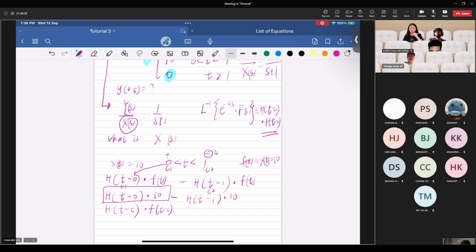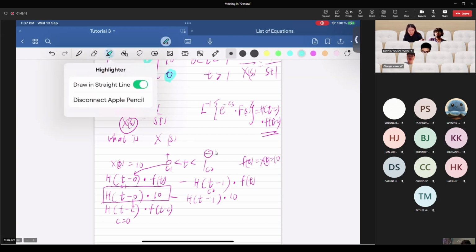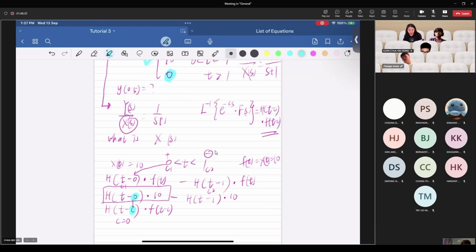This one, how to solve? Then you will compare. Now your c is 0. c is 0. Then your f(t minus c) is 10.